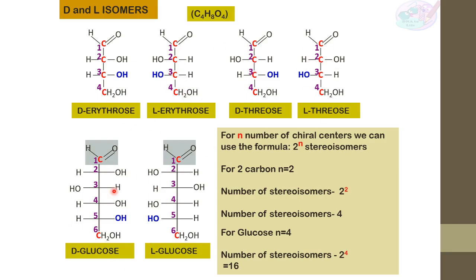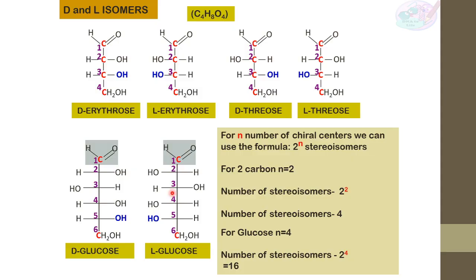Likewise, you can calculate for glucose. Glucose is a 6 carbon sugar. There are 4 chiral centers at second, third, fourth and fifth carbon number. So you can use this formula 2 to the power 4. You will get a total of 16 stereoisomers. Out of 16, 8 will be D sugar and 8 will be L sugar.